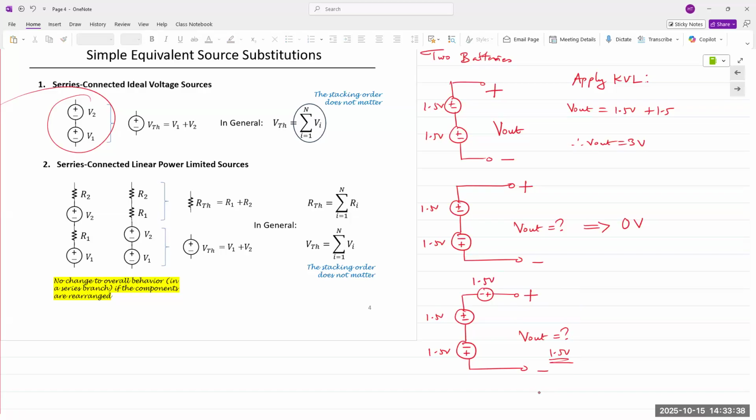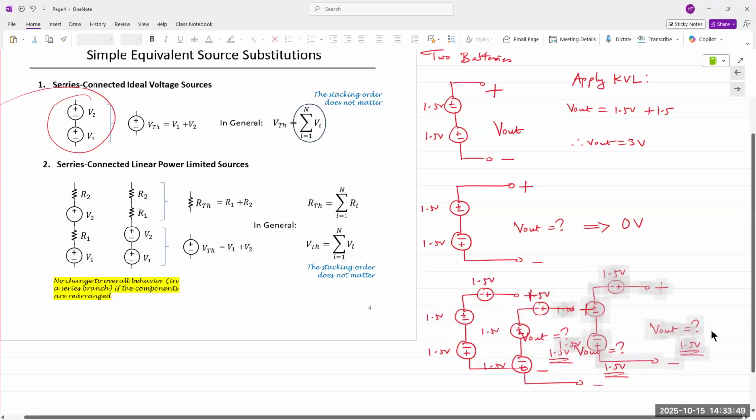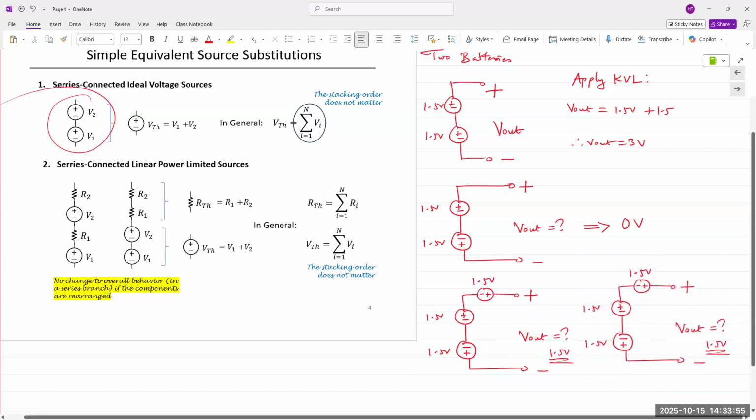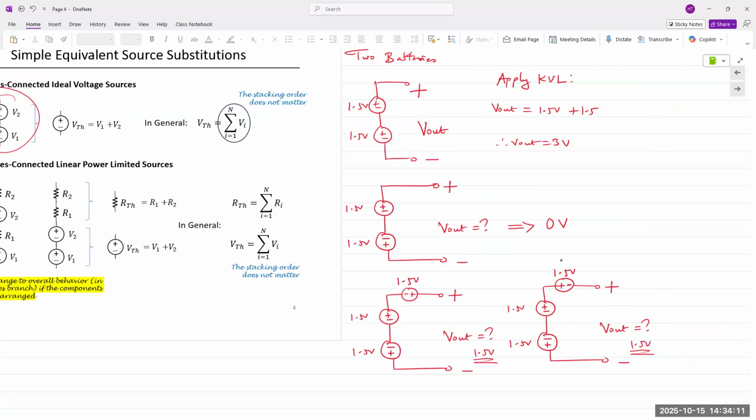If the signs for those were flipped, if this was connected like this, so it's plus and minus, and you're measuring voltage this way, this would be minus 1.5.